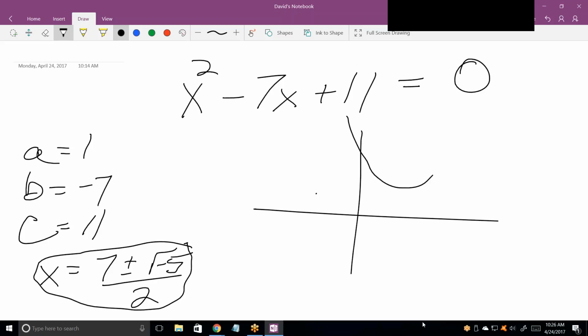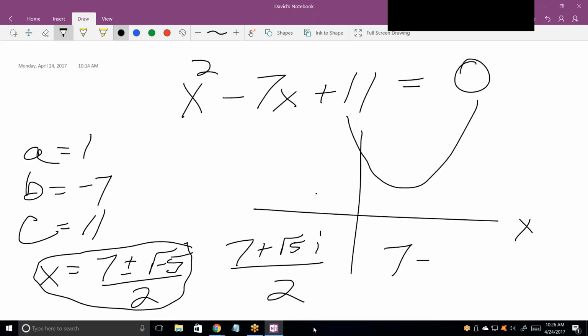If I had a quadratic that was a parabola like that, I can tell instantly looking at it that it doesn't cross the x-axis, so there are no zeros, which means it must have imaginary solutions. And imaginary solutions always come in pairs. They never come alone. So this would be 7 plus root 5i over 2 and 7 minus root 5i all over 2.